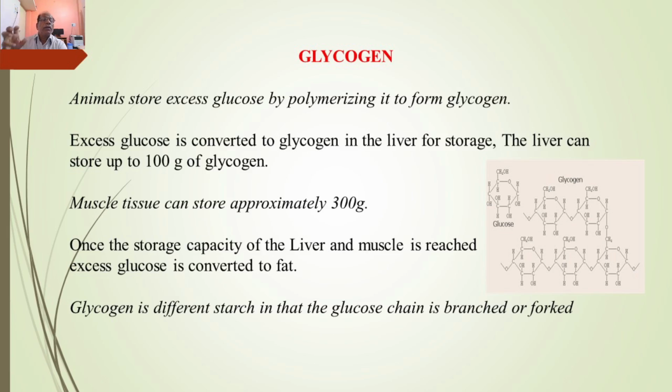So whatever material is lacking in the body is produced through the mechanism of integration of metabolism. So once the storage capacity of the liver and muscle is reached, excess glucose is converted to fats.